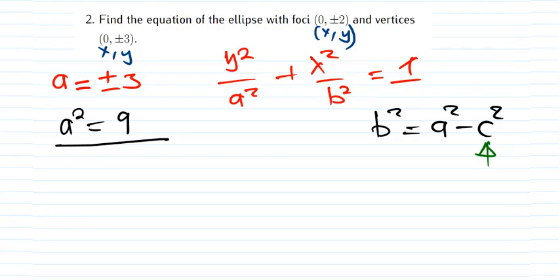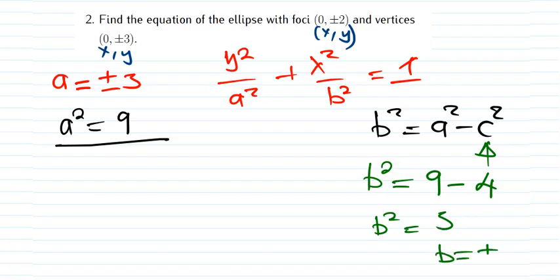So our b squared is what we're trying to find. Our a squared is 9. Our c squared is obviously going to be the square of the 2, which is going to be 4. Okay, so b squared becomes 9 minus 4, that gives us 5. So b becomes plus or minus the root of 5.